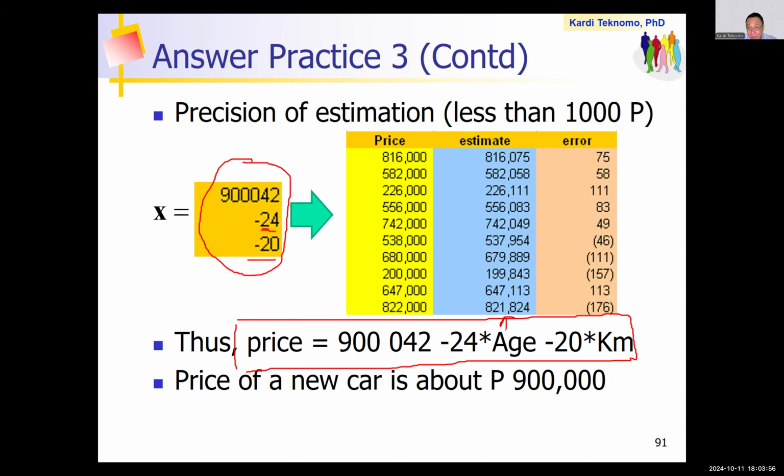How to predict? You input the age and the kilometer, you will get this estimate. And then the estimate minus the price, you will get the error. Of course the error can be positive and negative, and if you sum the error, it will become 0.